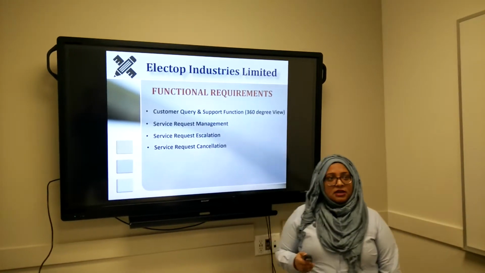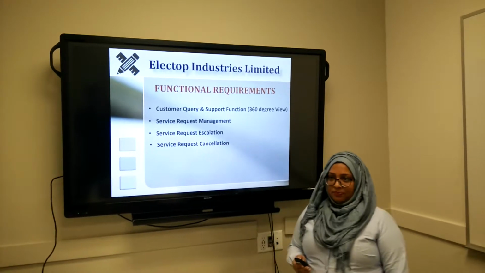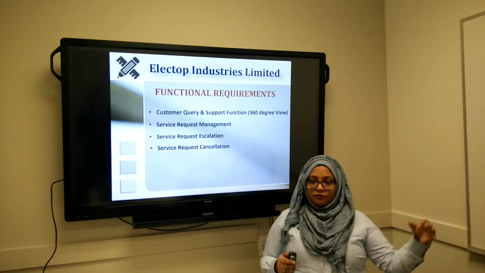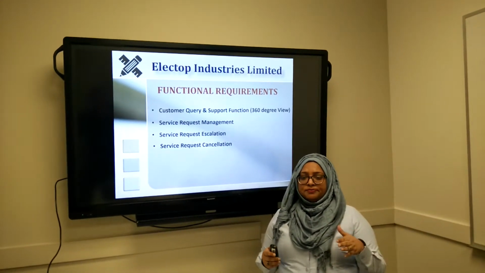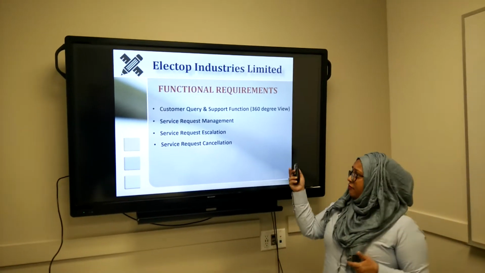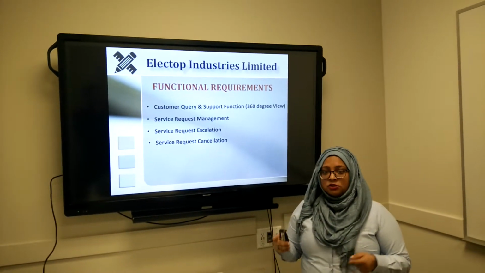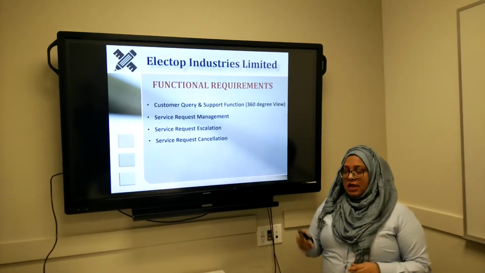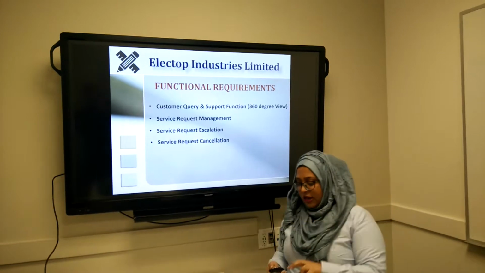The customer service representative should be able to view the customer summary in one window. Now we use different software, one for billing and another for customer demographic data. With the 360-degree CRM system, the agent will be able to view the full picture in one window, and it will be easier to give service rather than switching from one window to another.